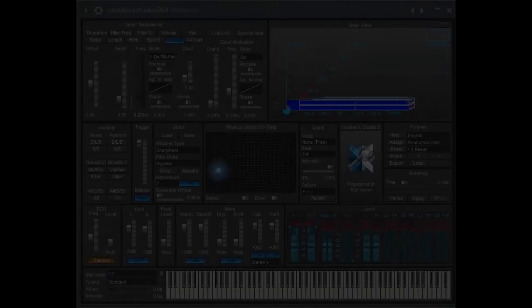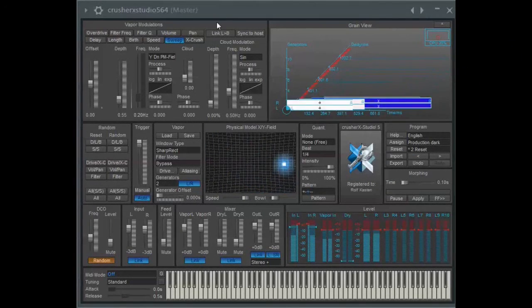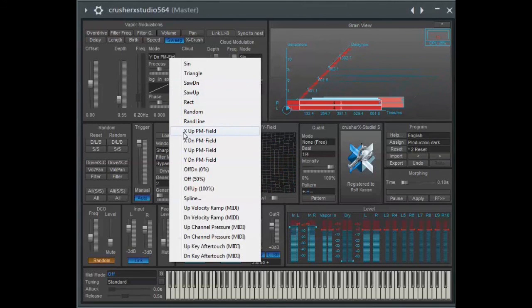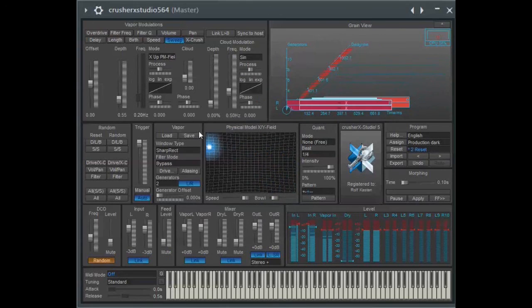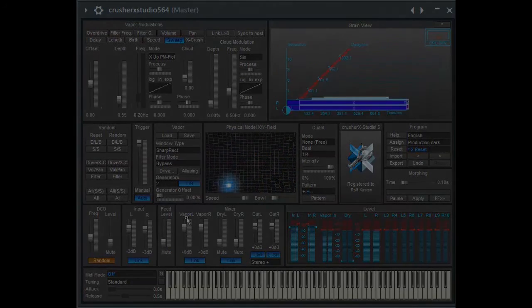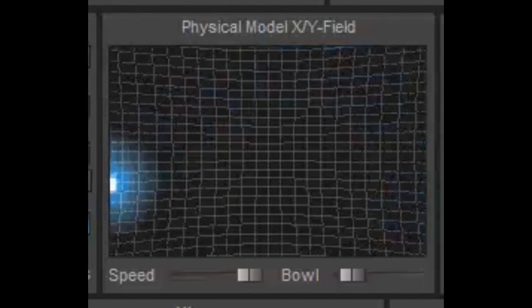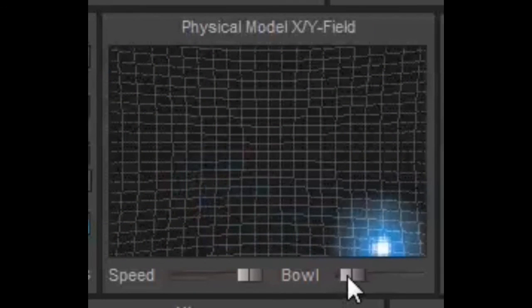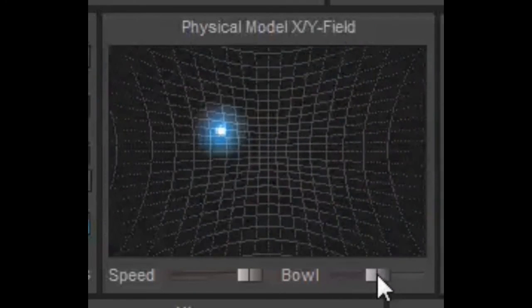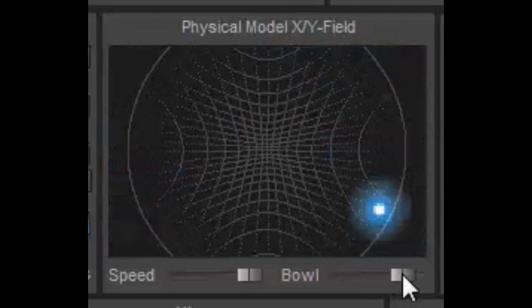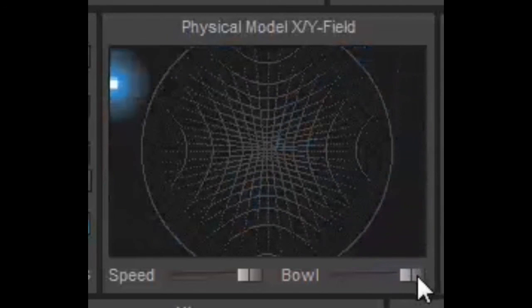Those of you who have watched my tutorial number 14 about modulation know already that the PM field serves as a modulation source, taking the X and Y values of the blue light, the so-called ball, as modulation parameters. The PM field is a model of a ball moving on a surface. The curvature of the surface is adjustable using the bowl slider, and the energy of the ball is adjustable using the speed slider.